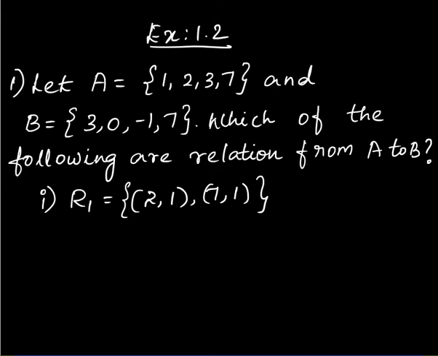To check whether it is a relation or not, first see the first element of it. It's 2. See whether 2 belongs to the set A. It belongs to set A. And check for element 7. Does it belong to set A? Yes. Then check for the next element, that is 1. But 1 does not belong to set B. We have -1 there.